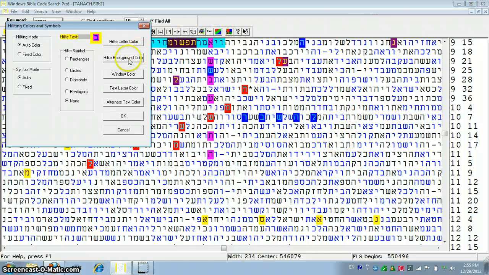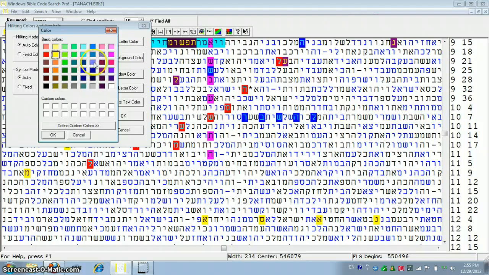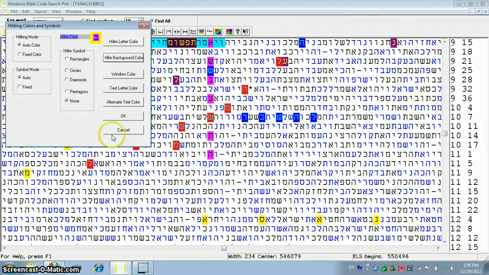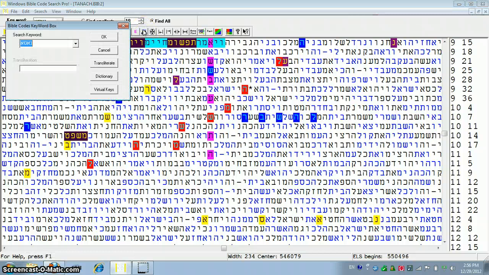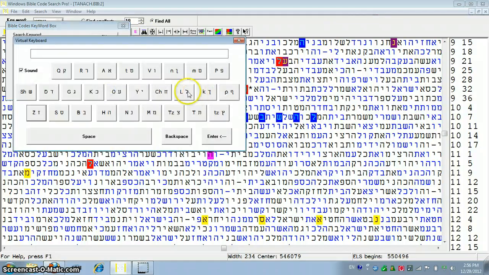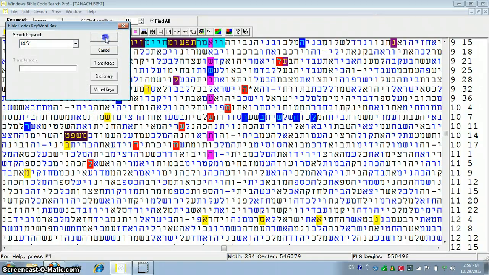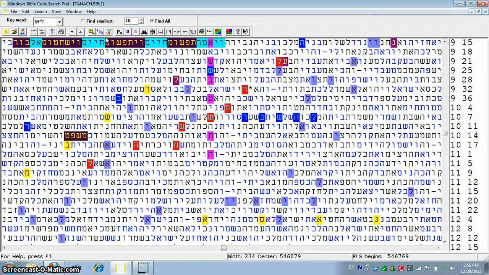Alright, it's going to be coming from the constellation Leo. So let's look for the lion, Leo. And that would be lamed, yod, olive, vav. Wow. That's pretty redundant. Let's just remove Leo out of there.